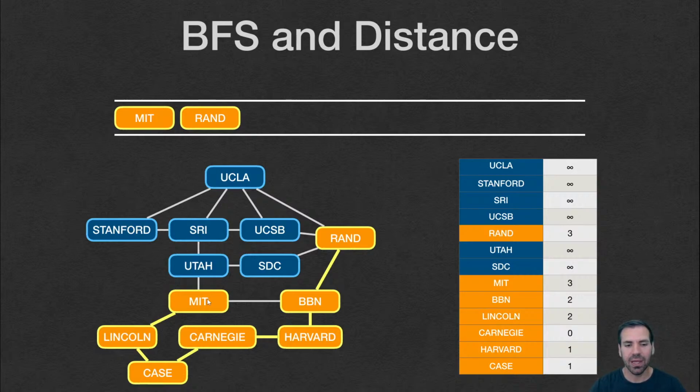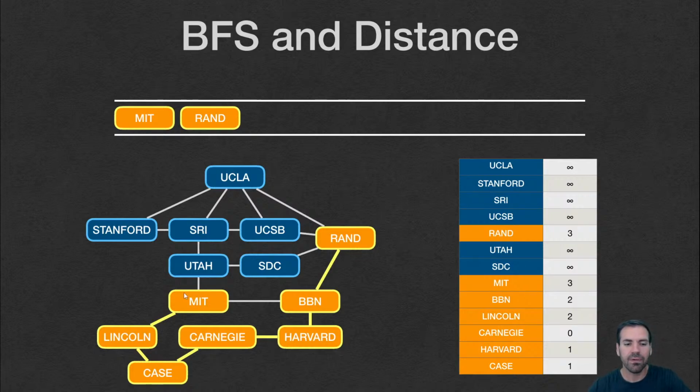I know it doesn't have 3 either, because one of the distance 2 nodes would have found it. It would have had to, because we checked the neighbors of every single node of distance 2, and we didn't find Utah. So there is no path from Carnegie to Utah with distance 3, with length 3. So it does not have distance 3. We're guaranteed it doesn't have a distance of 3 or less.